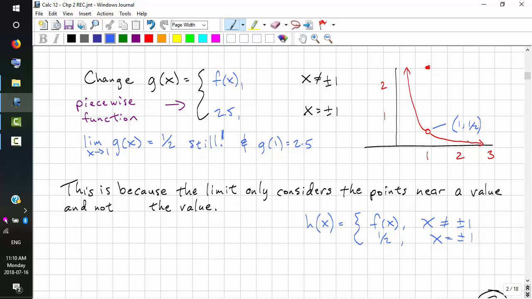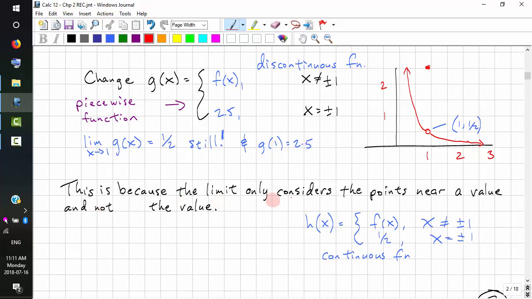Okay, and that would be a continuous function. This one is a discontinuous function. So the limit is 1/2, but our point here is 2.5.